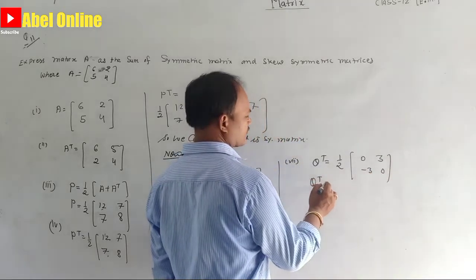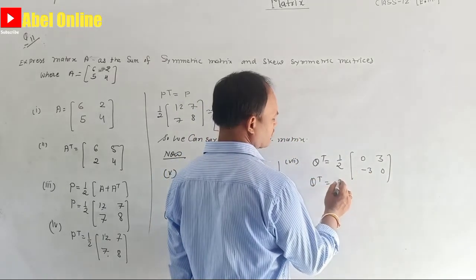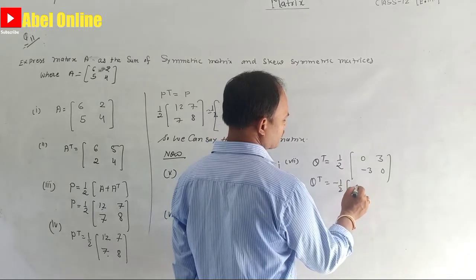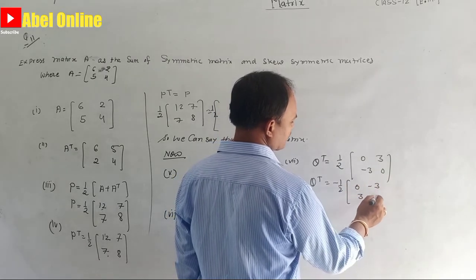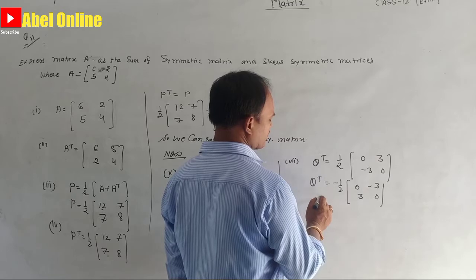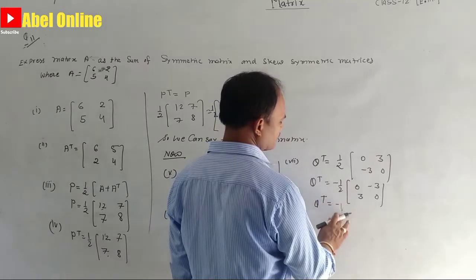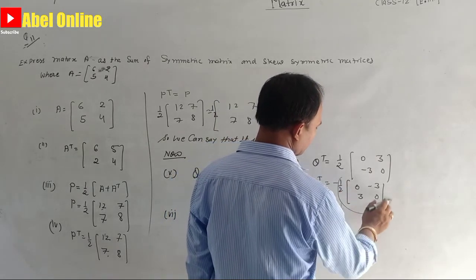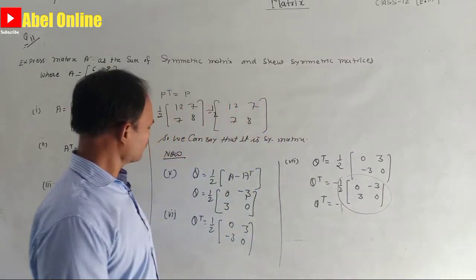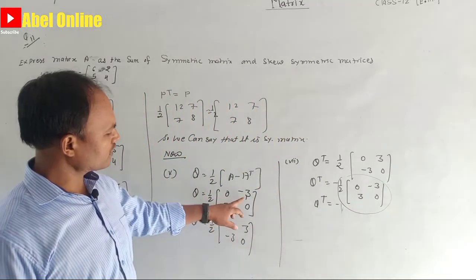So Q transpose equal to, just take the minus common, so it is minus 1 by 2, 0, minus 3, 3, 0. So what is the value? This is Q transpose equal to minus 1 by 2 times 0, minus 3, 3, 0.